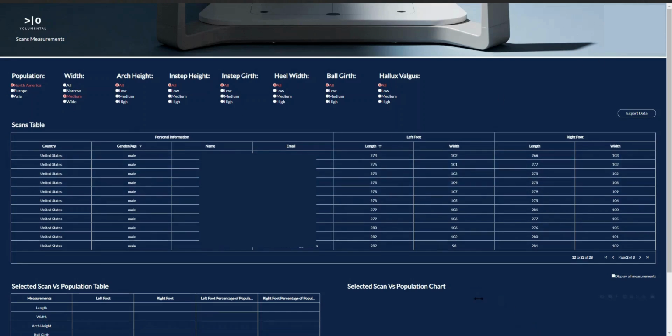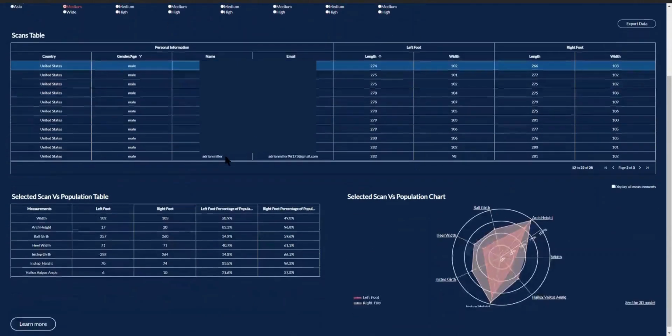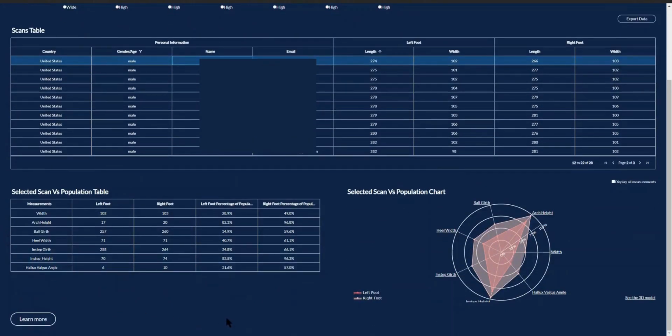If we want to see how Mark's feet compare to the North American population, I can just click the row, and then in this table below, I can see for each foot measurement how his feet compare to the population.